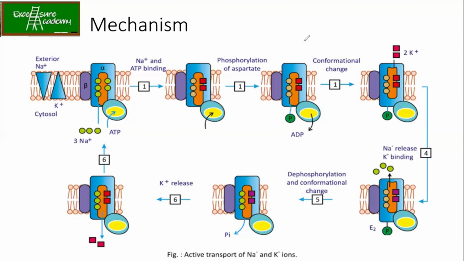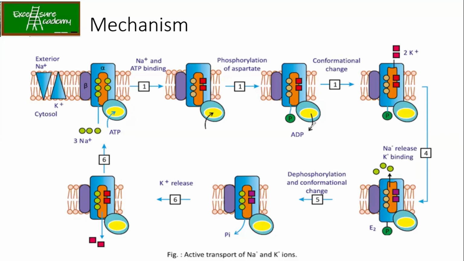So sodium and ATP bind, and ATP causes phosphorylation of aspartate, and then after hydrolysis, that is important, ADP is released. And then that causes the potassium to come in.